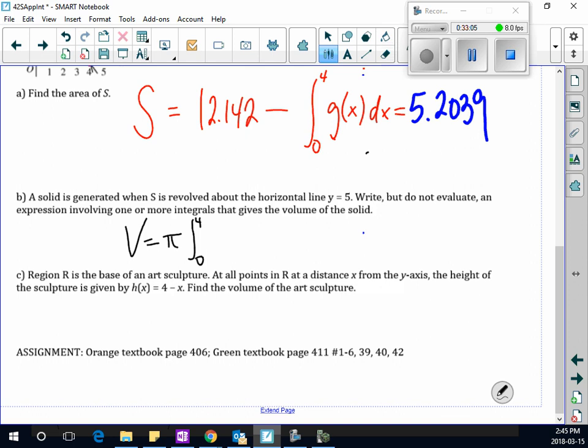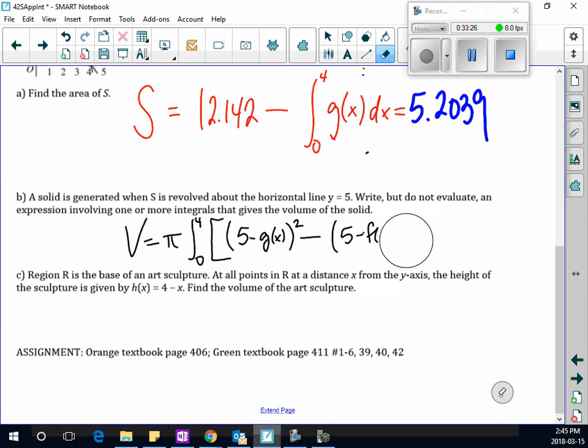And what's my big radius squared? I'm going to do big square brackets. So it's going to be 5 minus g of x, the whole thing squared, because this is my big R. Subtract bracket 5 minus f of x, the whole thing squared, dx. Don't forget your dx.